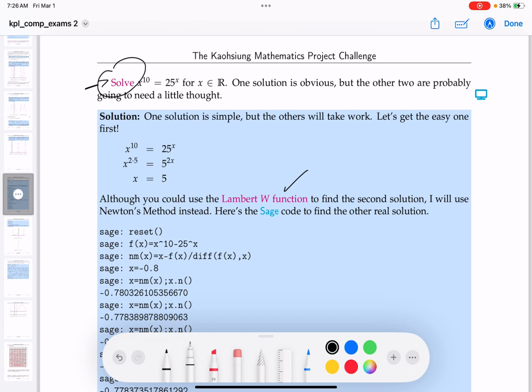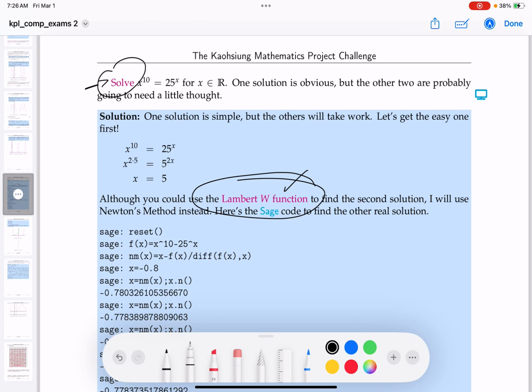Where I teach, even the faculty members would probably not know about the Lambert W function, and certainly the students are probably not aware of that either. But anyway, it's something that's around and something that you probably should be aware of. I would recommend that you watch the guy solve the problem.